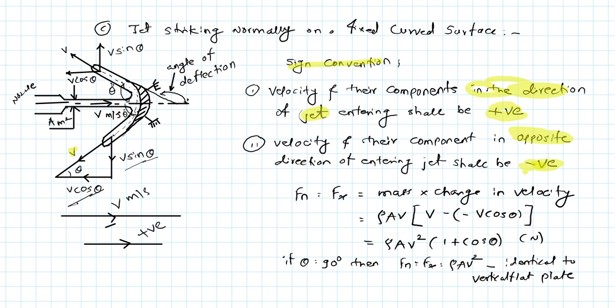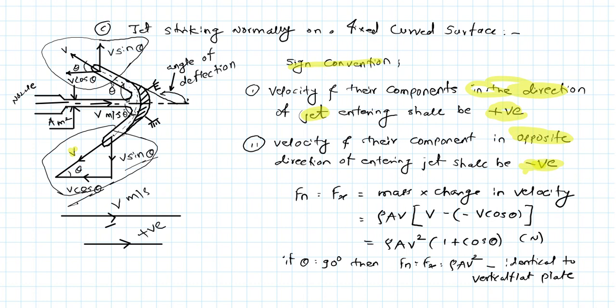These are the two components. It may be represented in this way, or sometimes in some books this way also. Both ways are the same, follow any one. So the components of velocity are v cos theta and v sin theta.